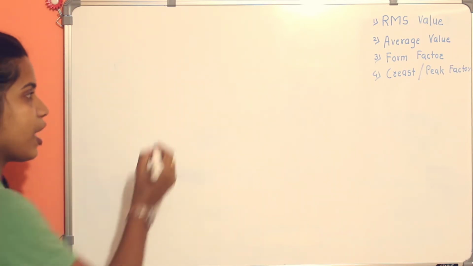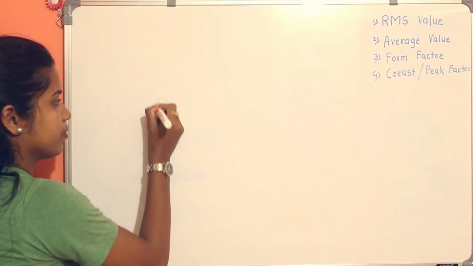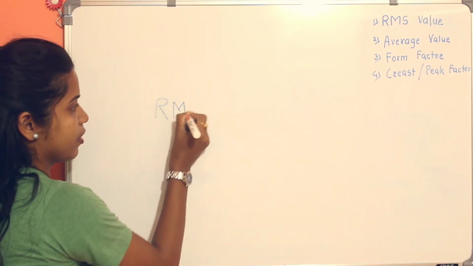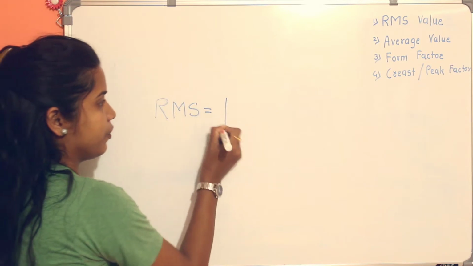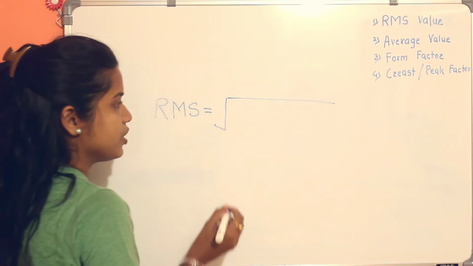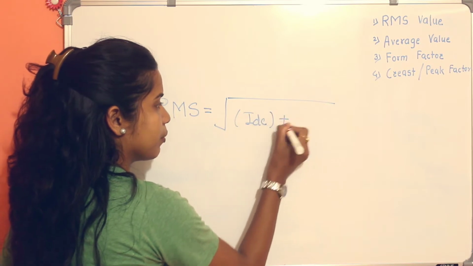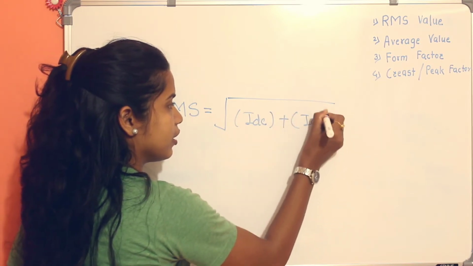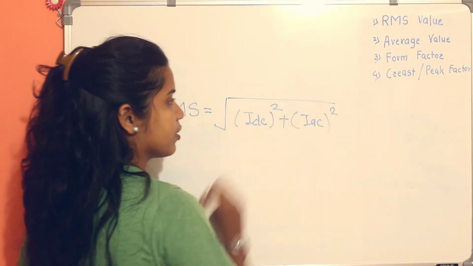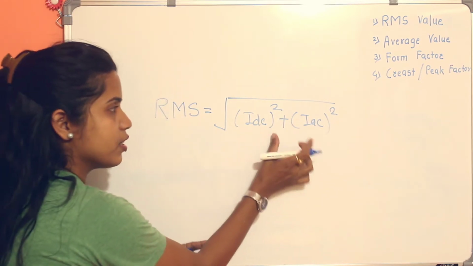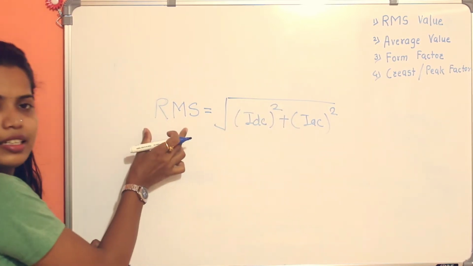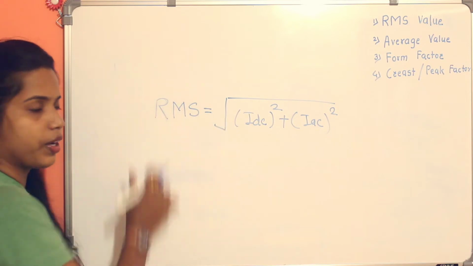So the formula for RMS value: RMS is equal to the square root of DC component squared plus AC component squared. So mean square and root, it is root mean square.